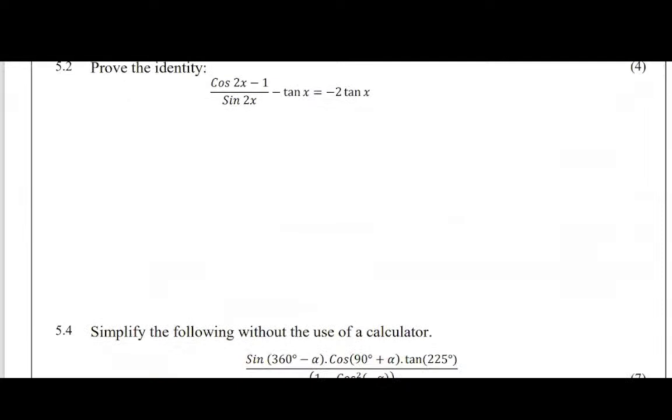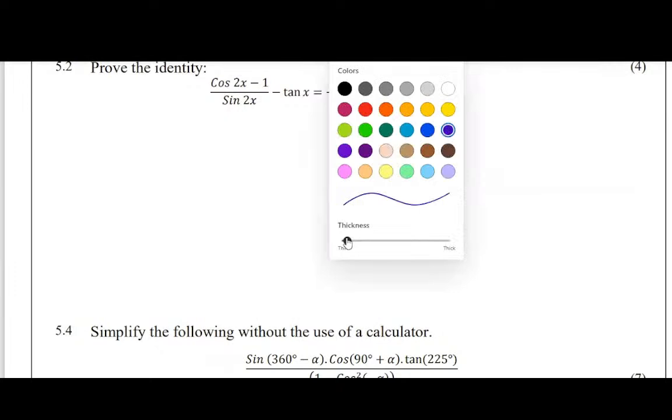Then 5.2, they want us to prove the identity. Prove the identity cos 2x minus 1 over sine 2x minus tan x is equal to negative 2 tan x. Okay.